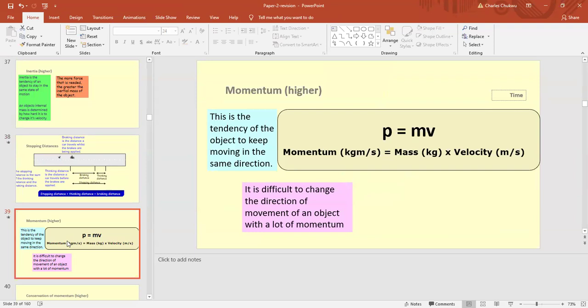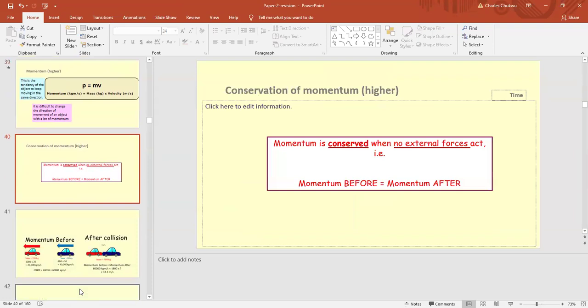Okay, so remember I told you about momentum being mass times velocity. This is what it has to do with. When talking about momentum, there's just like energy, right? You remember when we're talking about energy, energy is neither created nor destroyed. That is the law of conservation of energy.